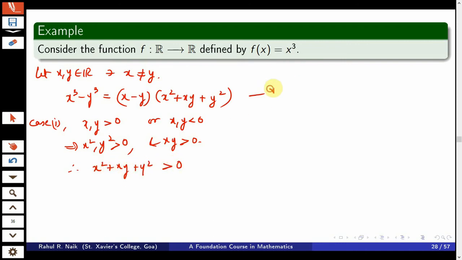If I call this star, then from star, x cube minus y cube will never be equal to 0. It is going to be strictly greater than 0 if x minus y is strictly greater than 0, and if x minus y is strictly less than 0, then it is going to be strictly less than 0, as we know that x minus y is non-zero because x is not equal to y.